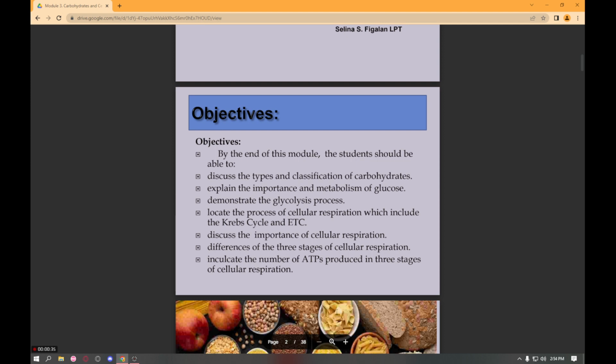Discuss the importance of cellular respiration, differentiate the three stages of cellular respiration, and indicate the number of ATPs produced in the three stages of cellular respiration.